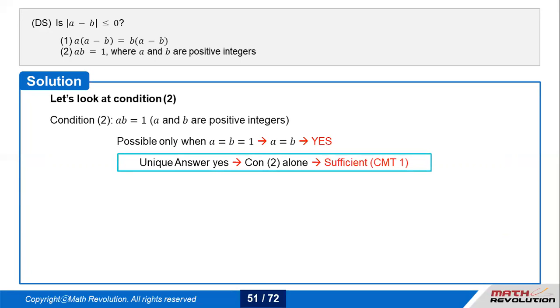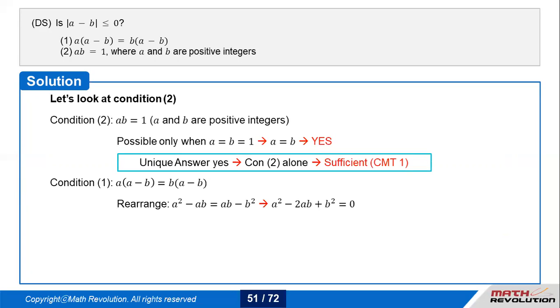Condition number 1 says that A times of A minus B is equal to B times of A minus B. We require a simple rearrangement into it. So we get A square minus AB, that's a distribution of A on the left hand side, equals B times A minus B, that's a distribution of B on the right hand side.